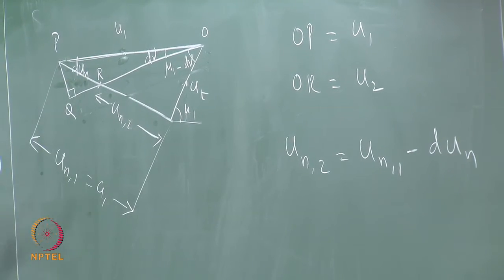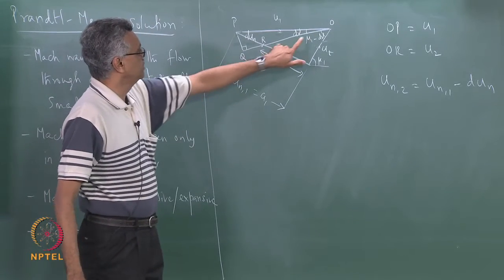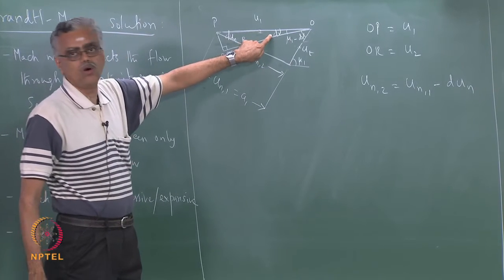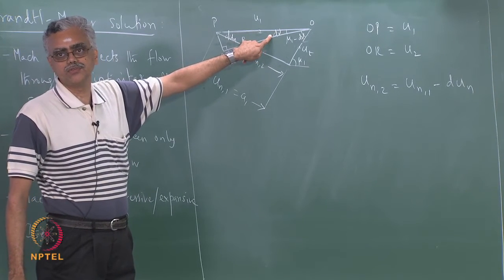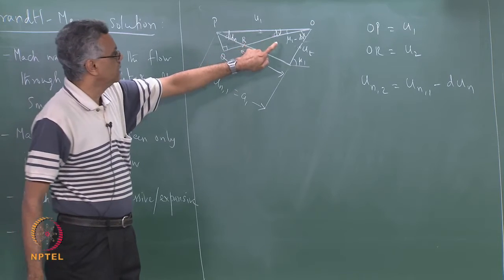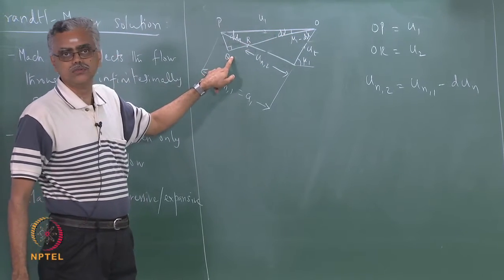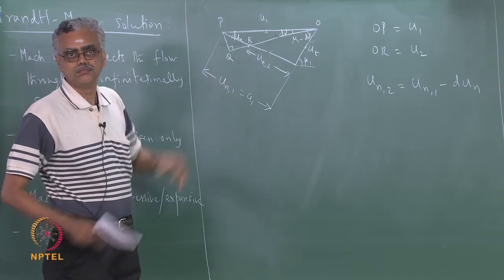Okay. Similarly, if you look at this is U2, OR is U2. Now if d nu is a small angle, here is where we are going to make use of the fact that d nu is small. If d nu is a small angle, then OP is approximately equal to OQ, correct?